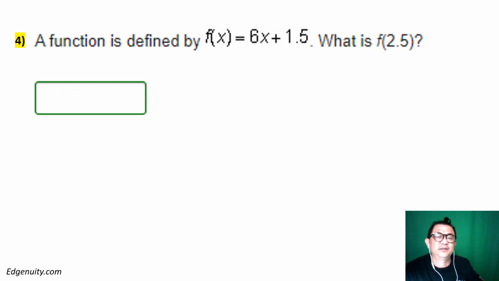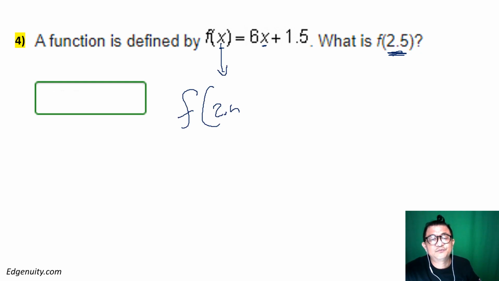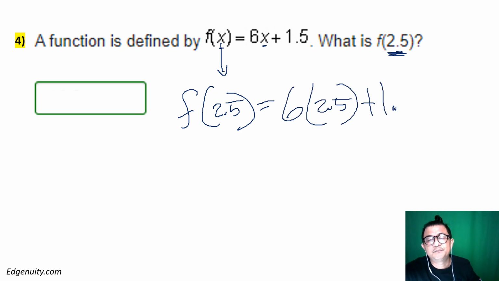Okay, last problem. What is the function of x if f of x is 6x plus 1.5, and x is 2.5? So instead of writing x, I write 2.5. So 6 times 2.5 plus 1.5.